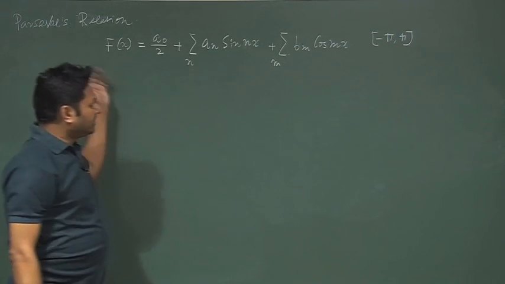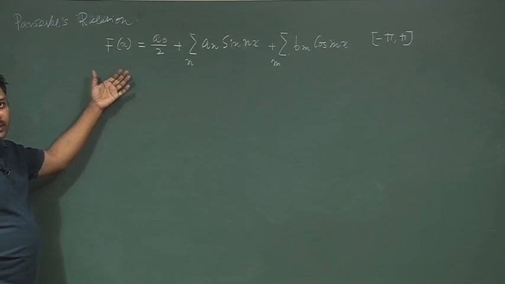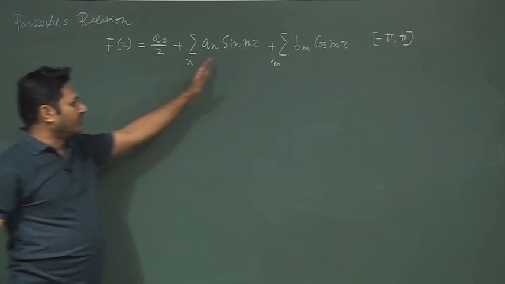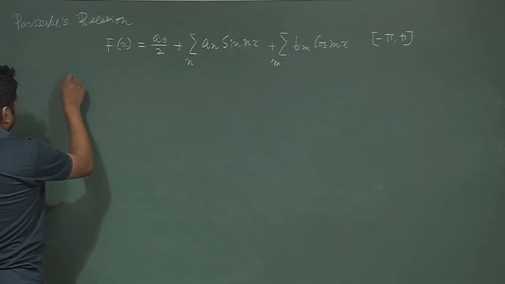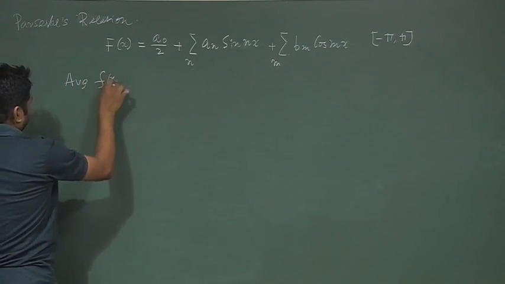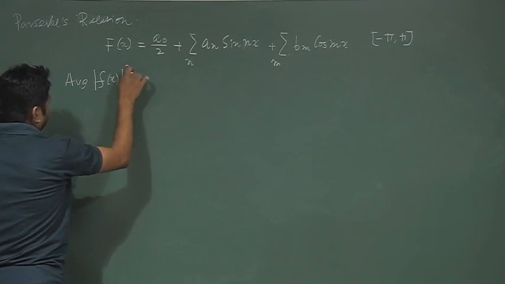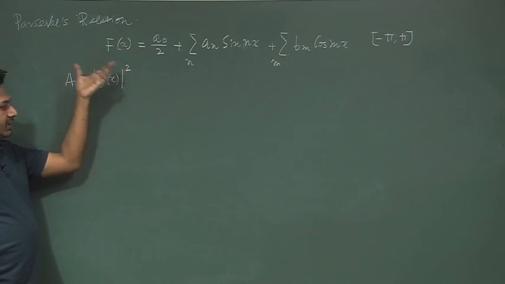The Parseval relation suggests that if I want to find out the average of this function, there should be some relationship between the average of this function and these coefficients that we need to find out. So, what is the average of, basically I try to find out the average of this quantity, because this function may be real, may be complex.